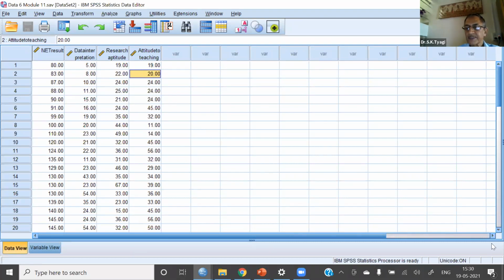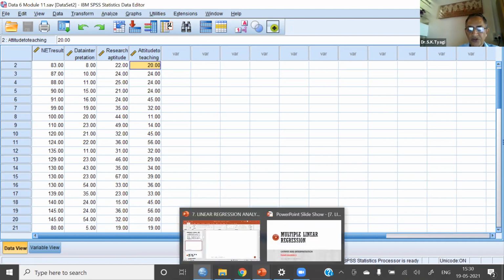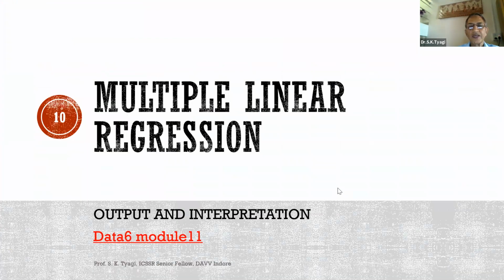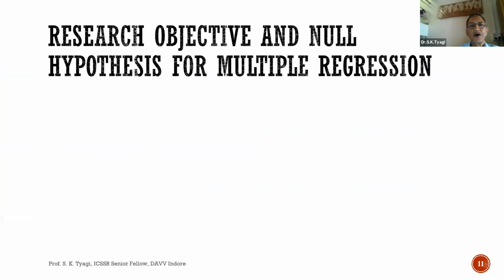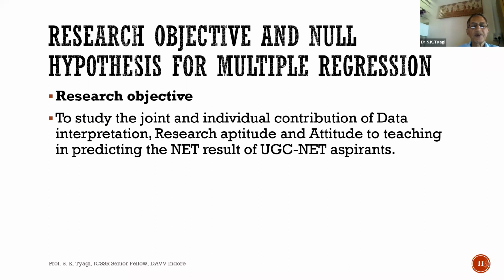Now, this is the situation. We want to interpret the output of this multiple linear regression. So for this, we should first of all frame the objective and the null hypothesis. Research objective in this particular situation will be written in this form: to study the joint and individual contribution.